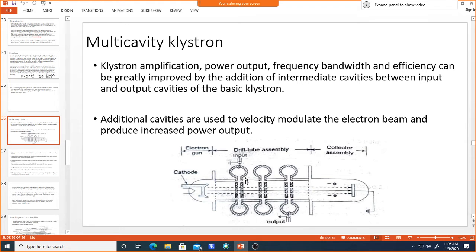After velocity and density modulation, the electron bunching will be formed. The electron bunches will experience the RF cycle and be velocity modulated, and that bunching of electrons will transfer the energy to the collector. So that is the operation. Here, as I said, increasing the resonant cavities will increase the power output of the klystron.